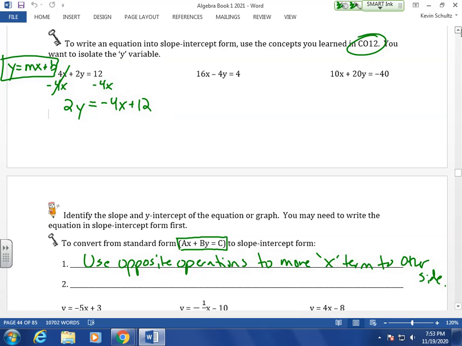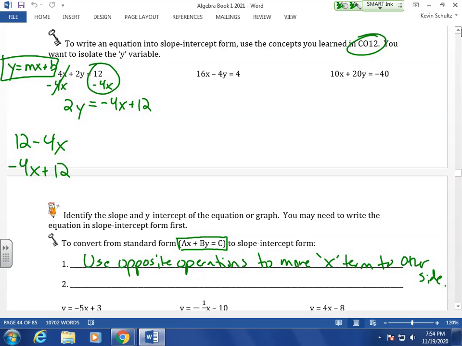I've got a positive 12 and a negative 4x. I can write positive 12 minus 4x, or negative 4x plus 12. Those 2 things mean the exact same. However, because I want slope-intercept form, I want that x term first, so I'm going to write negative 4x plus 12.